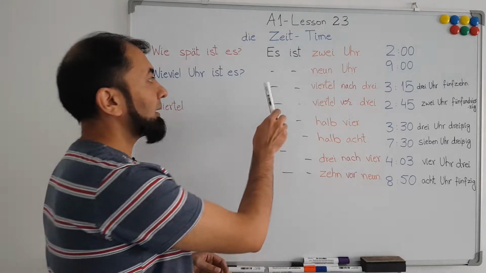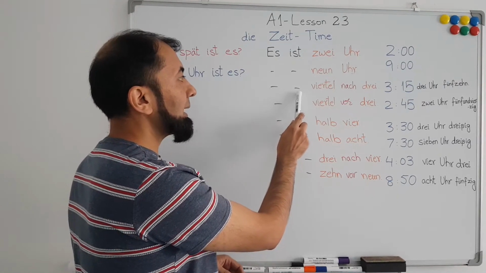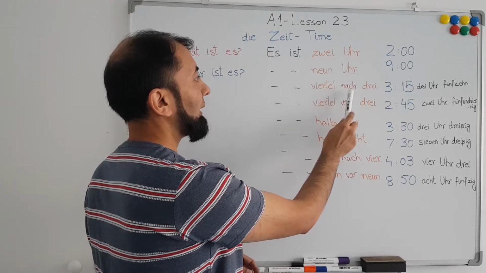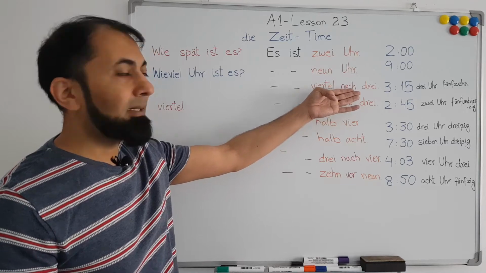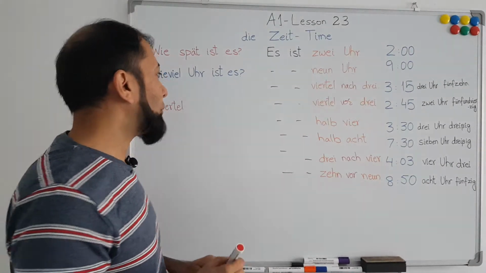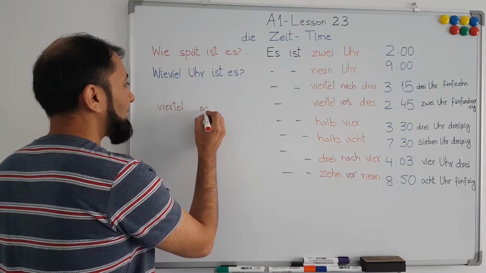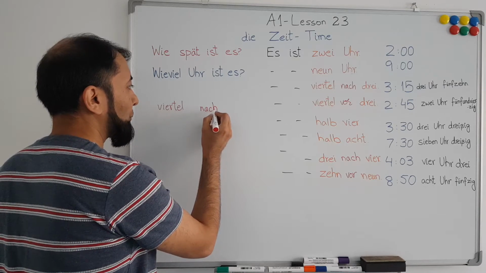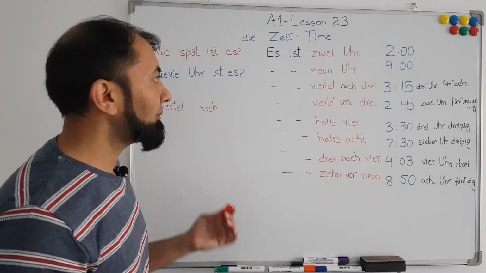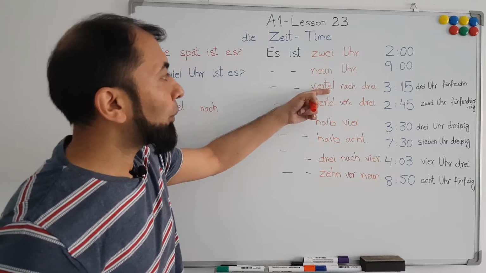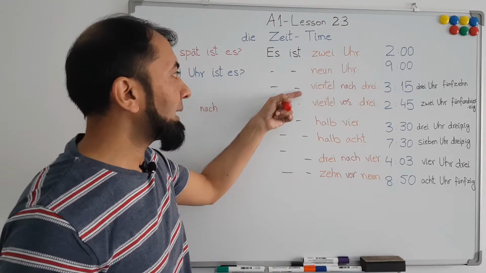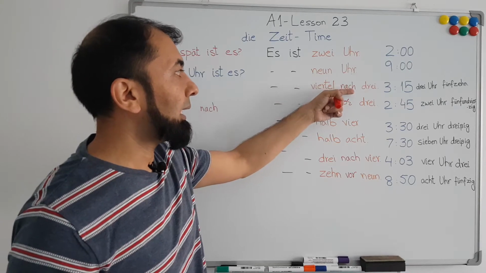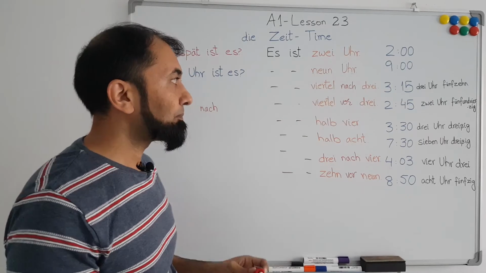Now we will say: Es ist Viertel nach drei. Here we have used a preposition called nach, which means after when it is used with reference to time. So it's quarter past 3: Es ist Viertel nach drei.